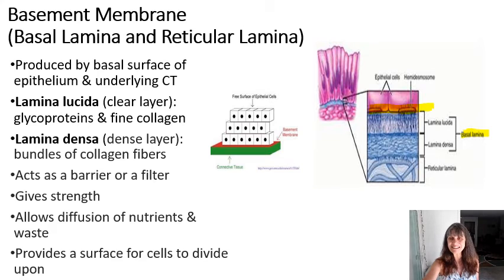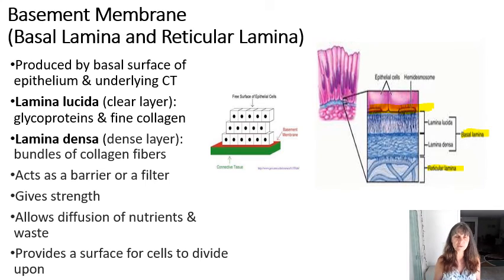The lamina densa, the dense layer, is going to have more bundles of collagen fibers. So the lamina lucida and the lamina densa make up the basal lamina, and deep to the basal lamina is our reticular lamina. Again, the word reticular means pertaining to a network.